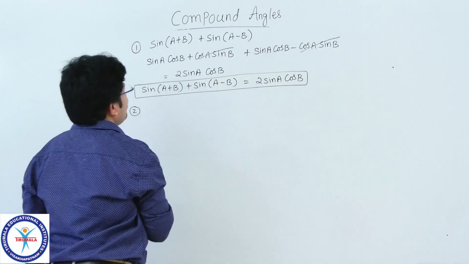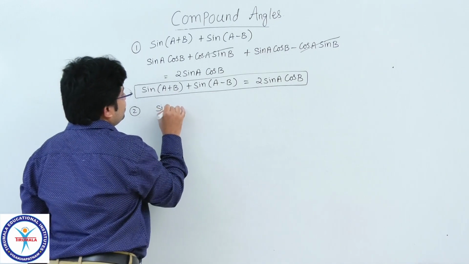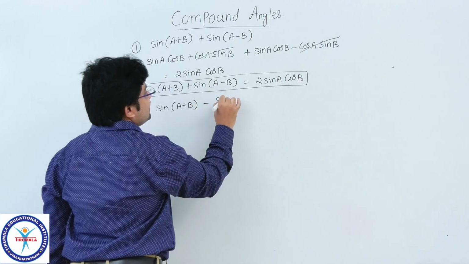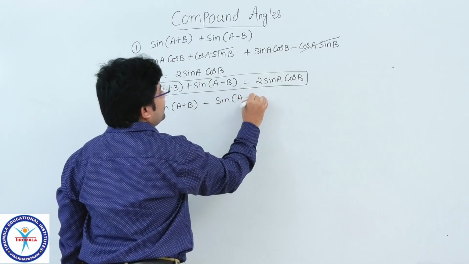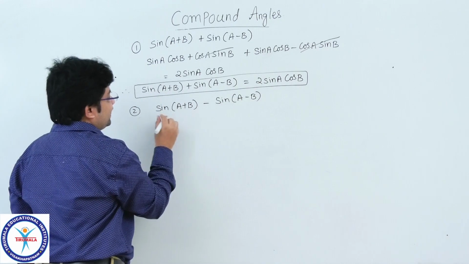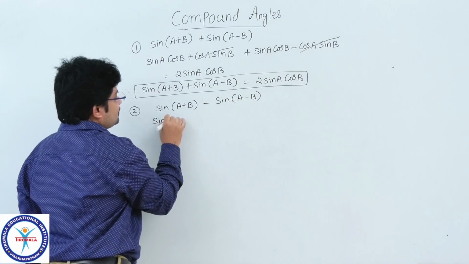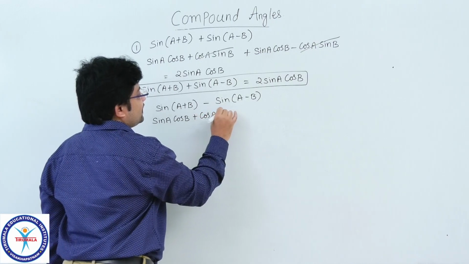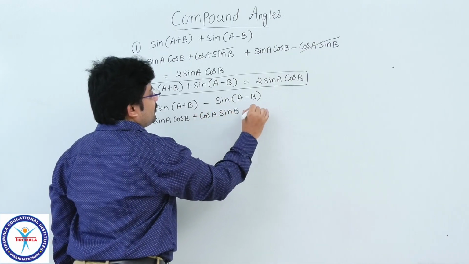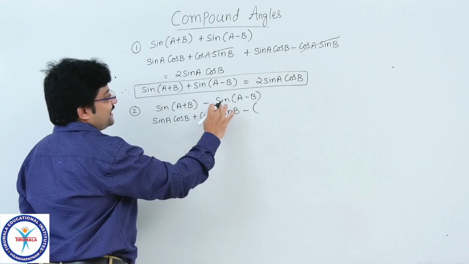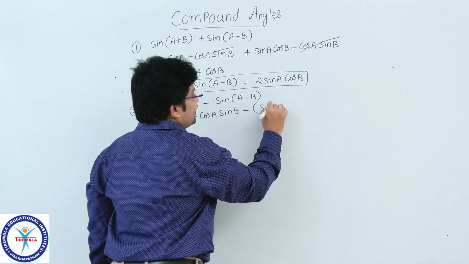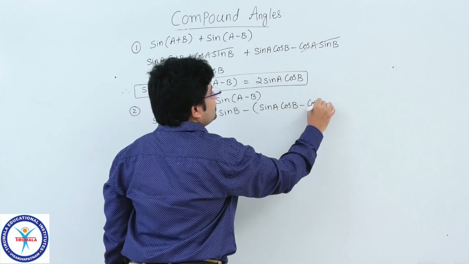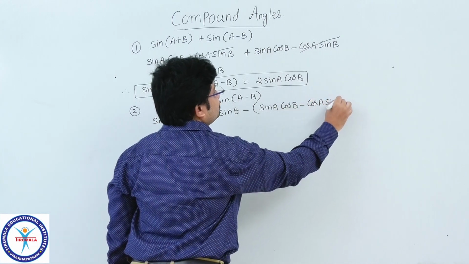Second one is sin(a+b) minus sin(a-b). Similarly, sin(a+b) is sin a cos b plus cos a sin b, minus of sin(a-b), sin a cos b minus cos a sin b.